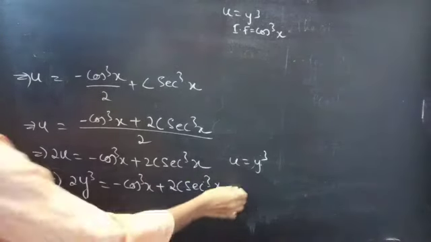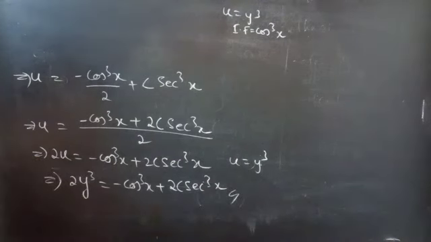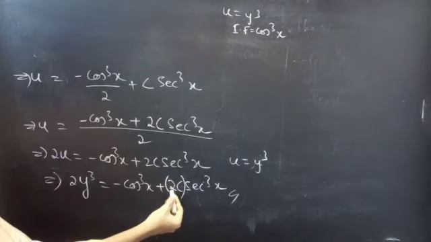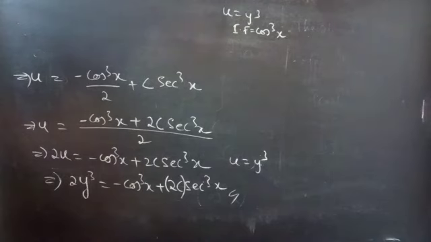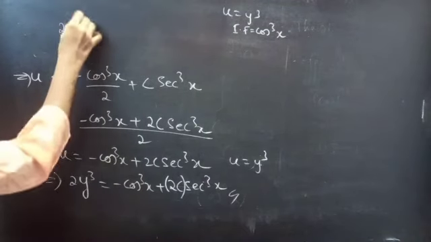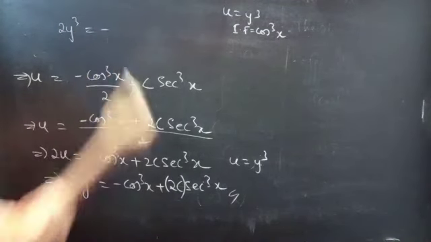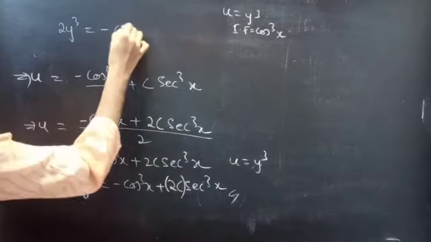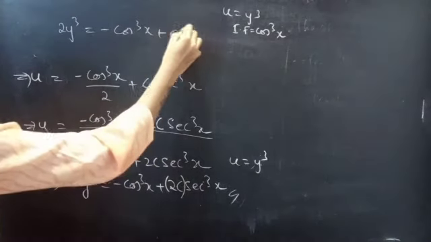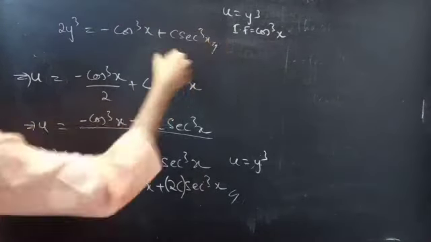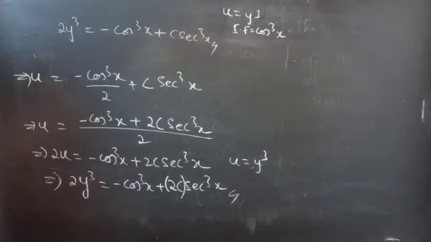You can conclude this as your general solution, or you can write the constant 2c as c. Then if you consider 2c as c, you'll get c secant cube x.